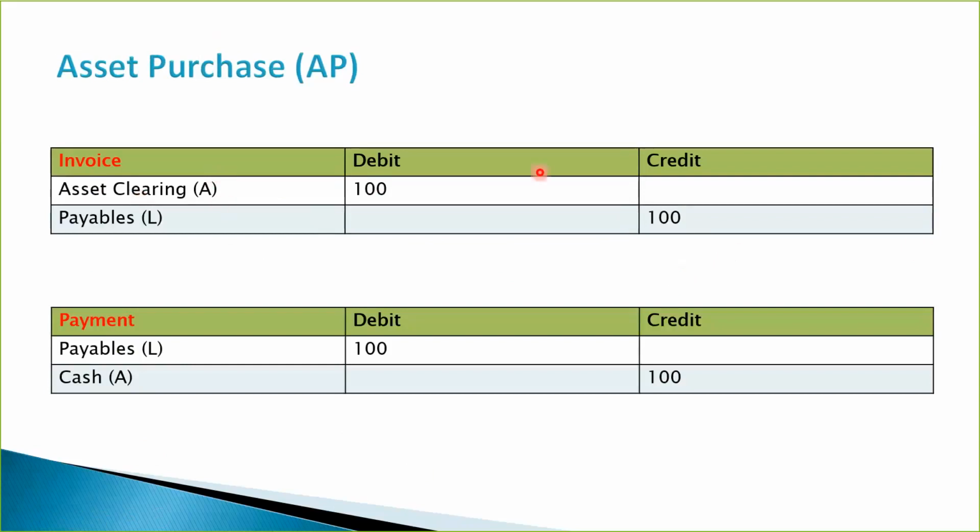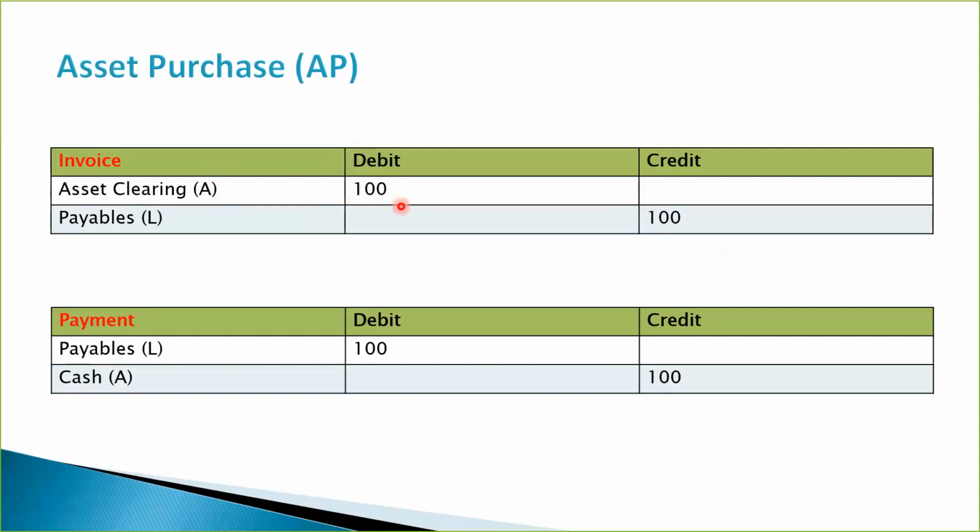The payables is defaulted down from the supplier side down to the invoice. Asset clearing is the one which we enter in place of an expense account, which we would normally enter for the other invoices which we have been entering.